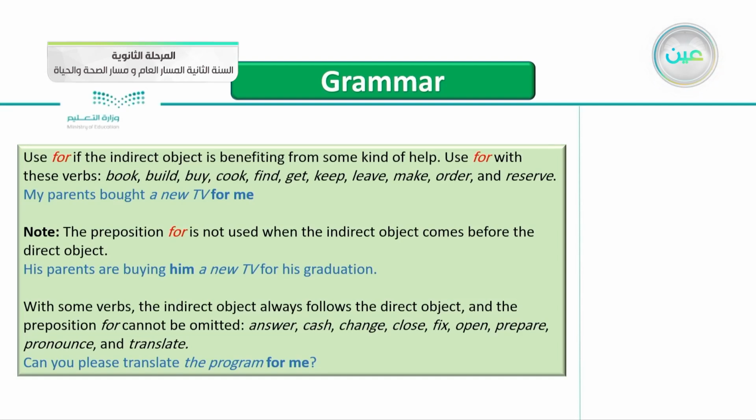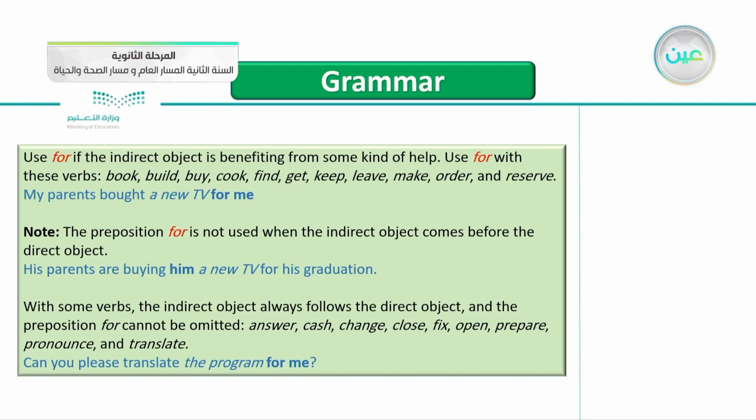So we use for if someone is helping someone else, someone is benefiting from someone else. We use for if the indirect object, not the direct, is benefiting from some kind of help.